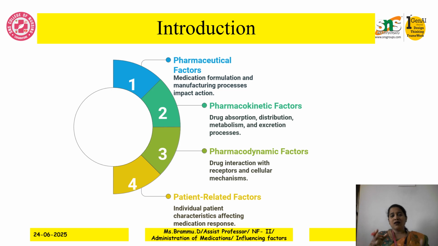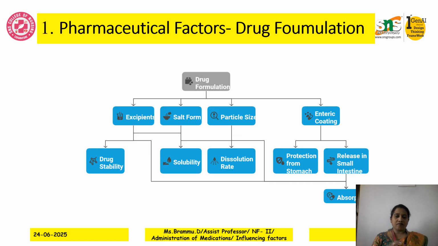For example, one patient you give one single drug for headache, the patient is relieved. To another patient, maybe patient B, you give the same drug, they are not responding or not reacting. Maybe they need an increased dosage, or they need a combination of drugs to relieve the headache. So according to the individual, that is patient wise, the drug absorption will also vary.